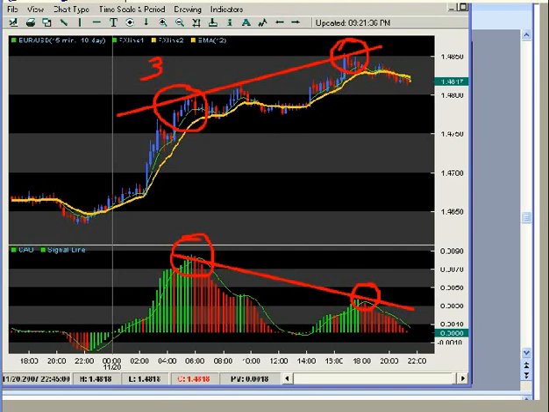In this example, you can see right here, the histogram comes back to the 0 line, and that tells us that the minimum requirements for the wave 4 have been met. In this case, the wave 4 is a sideways price action. All we need to know is, have the minimum requirements of the wave 4 been met? And we know that because the histogram crosses the 0 line.